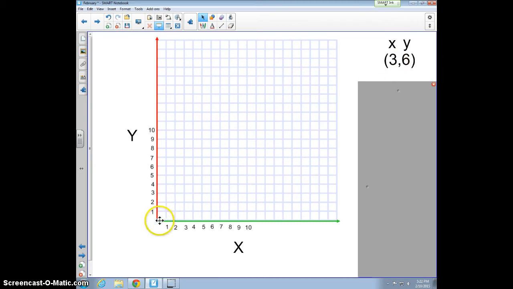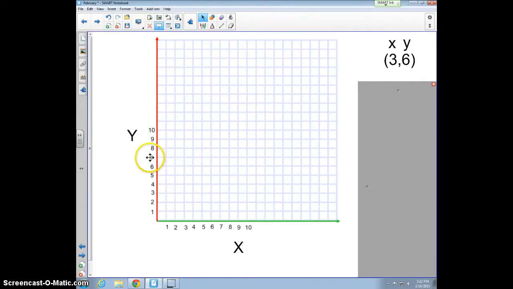I'm not going to go up because that's going up the y-axis. I'm going to go on the x first. So 1, 2, 3, and that takes me to the 3 of the x, right? And then the next number, 6, tells us how many we're going to go, in this case up, because it's a positive number, so we're going to go up 6.